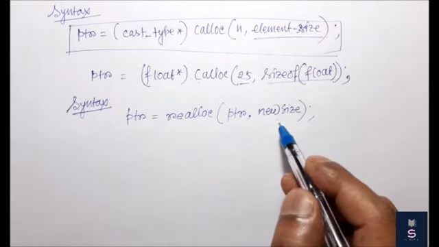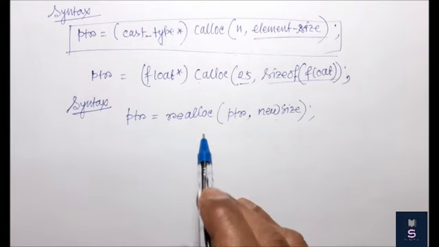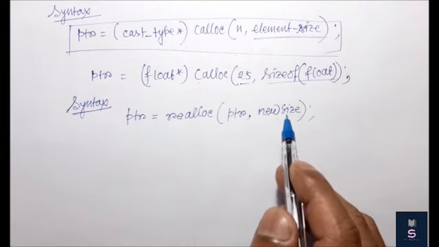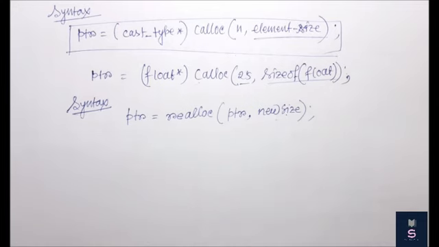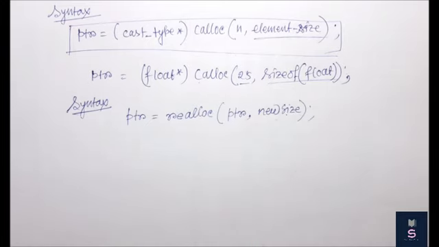What is the new size for allocation? The pointer is reallocated with the new size of the specified memory. And if space is insufficient and the allocation fails, then it will return a null pointer, right, it will return a null pointer.